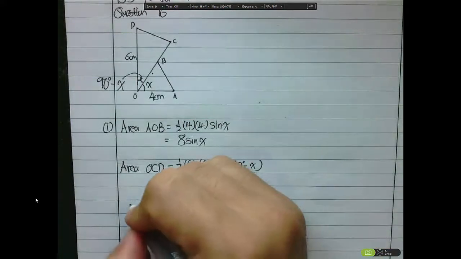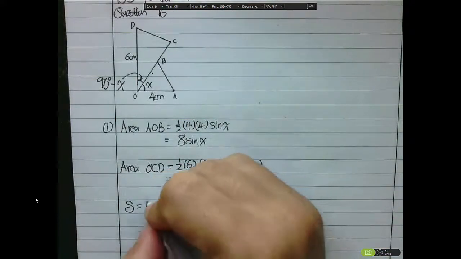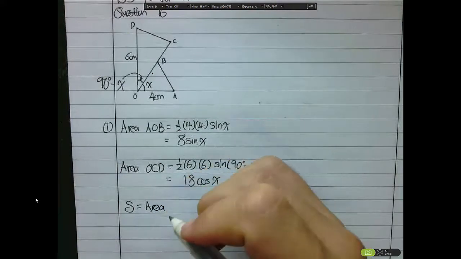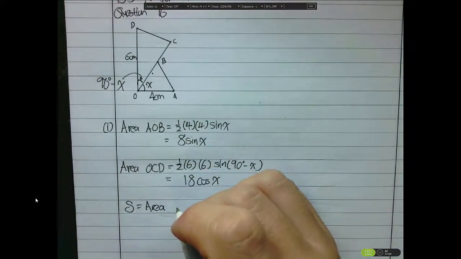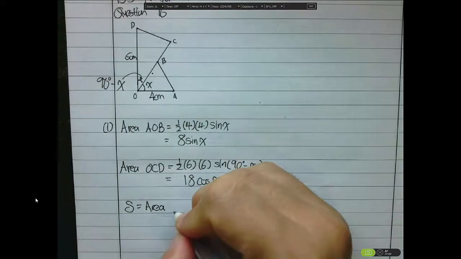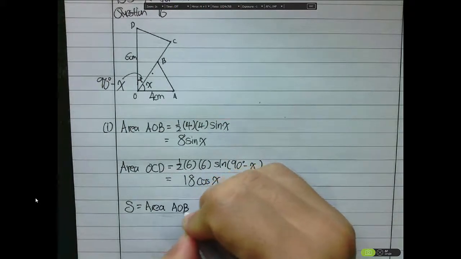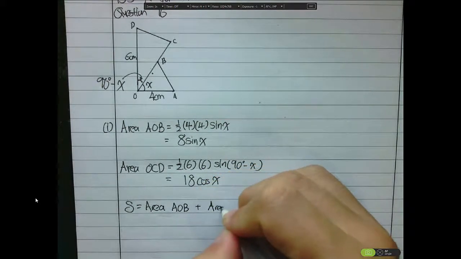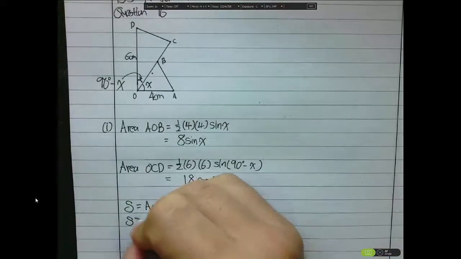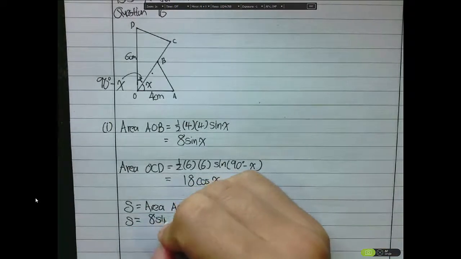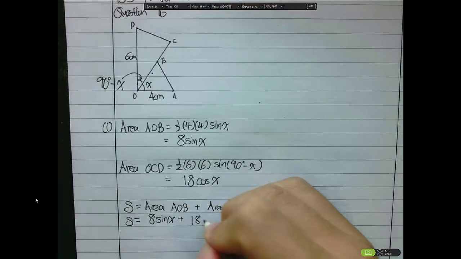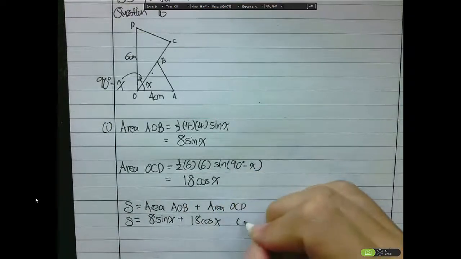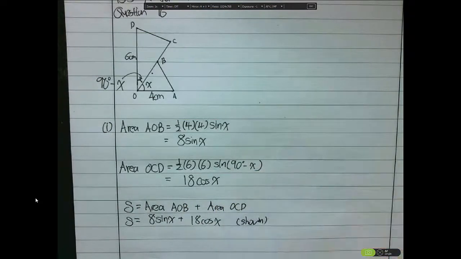So S is the sum of area AOB and area OCD. So S is equal to 8 sine x plus 18 cosine x, and we have shown part 1.